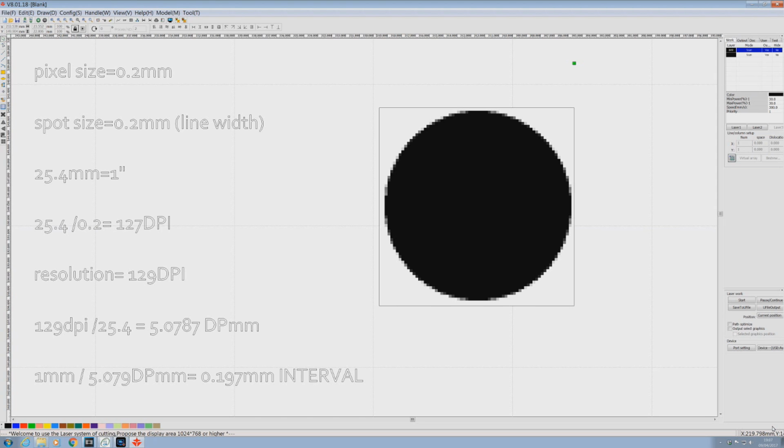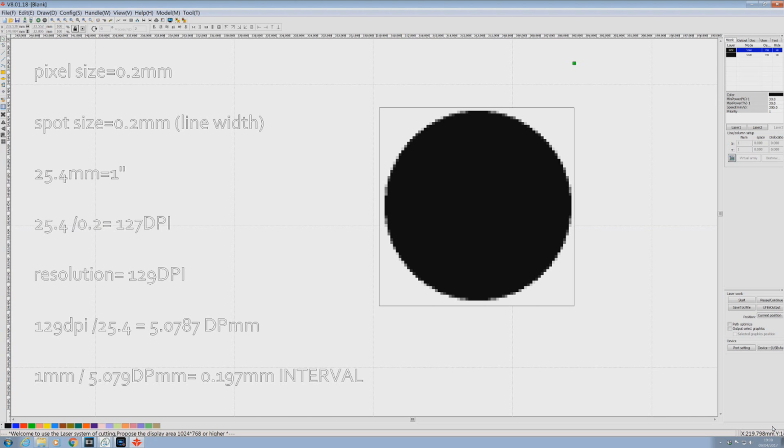Now, a 1.5 inch lens probably can do better than 0.2. A 2-inch lens will probably do around about 0.2 millimeter spot size, which is also the width of the line that it will carve. Let's just take a look at how many spots or lines we can get in 1 inch. Now, 1 inch is 25.4 millimeters.